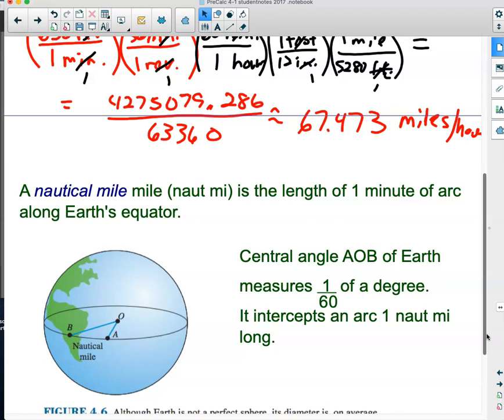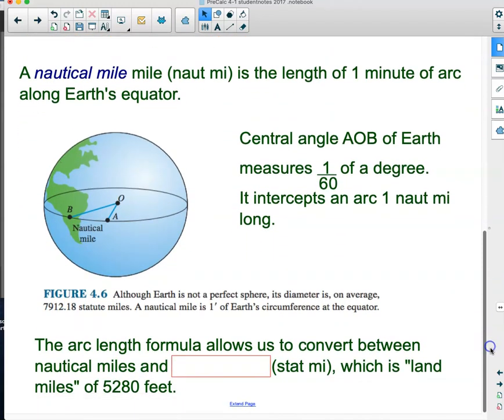So central angle AOB down here of the Earth measures 1/60th of a degree, because it was 1 minute of the arc along the Earth's equator. And that 1/60th is considered a nautical mile. 1/60th of a degree, 1 nautical mile.